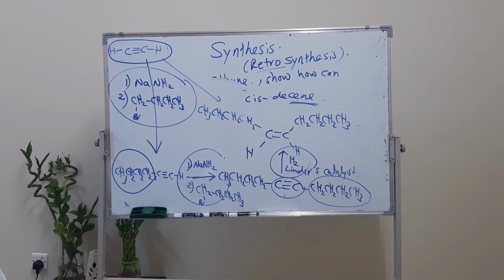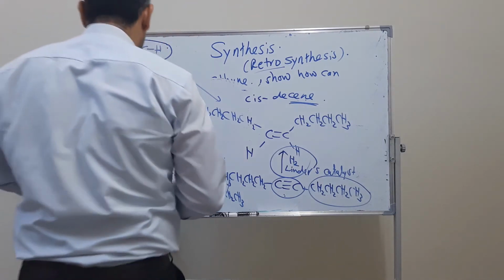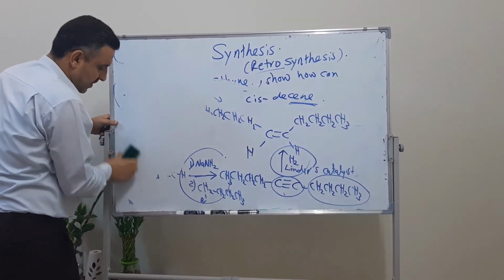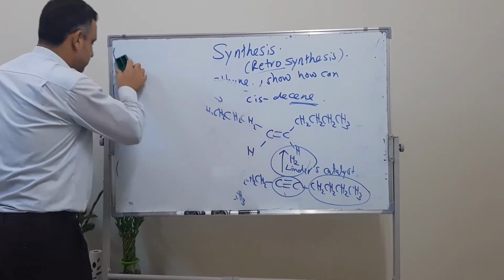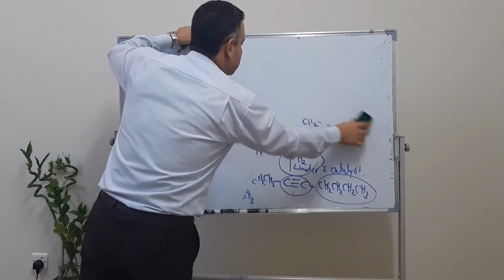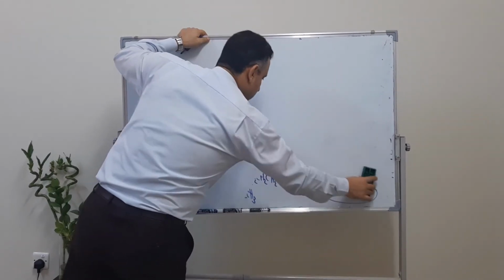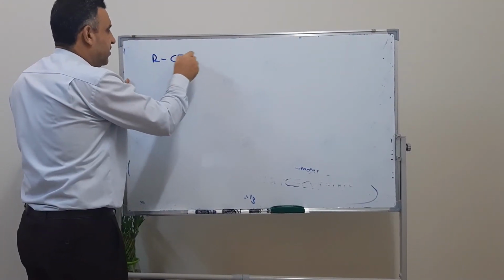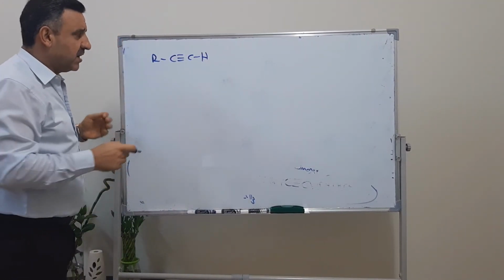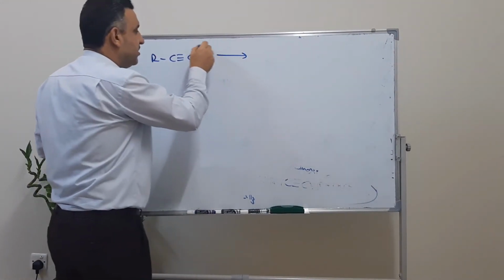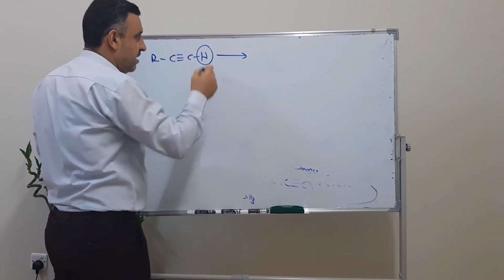Let me just give you more questions about the synthesis, because actually this is the end of the chapter, but let me give you more examples about the synthesis. Remember, to make the story short, whenever you have R, C triple bond C, H, a terminal alkyne, you can always introduce another R here by 2 steps.